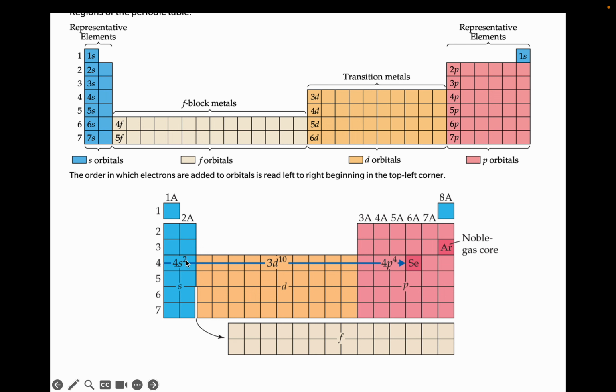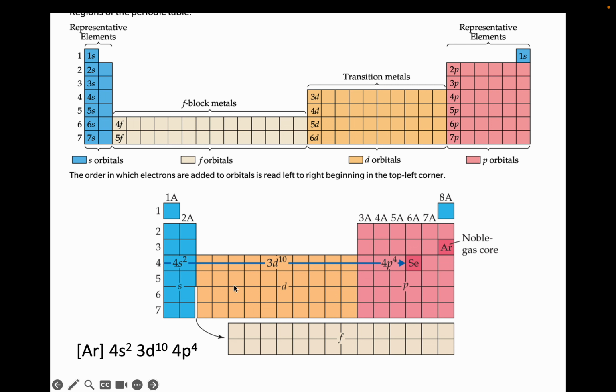This is the 4s, because we had n equals 1, 2, 3, 4s. When we then begin to populate our first set within the transition metals, those begin with the 3d, and then we move over to the 4p. So knowing the different regions and the principal quantum numbers that go with them, that really helps us.